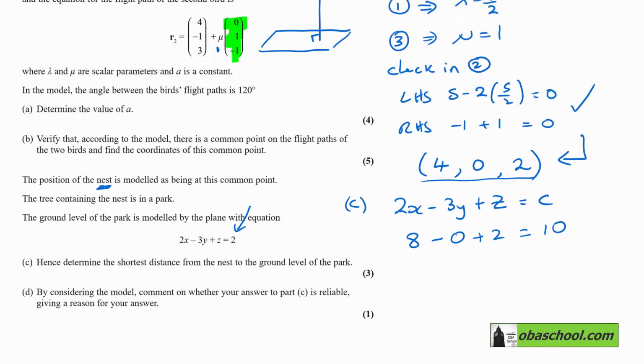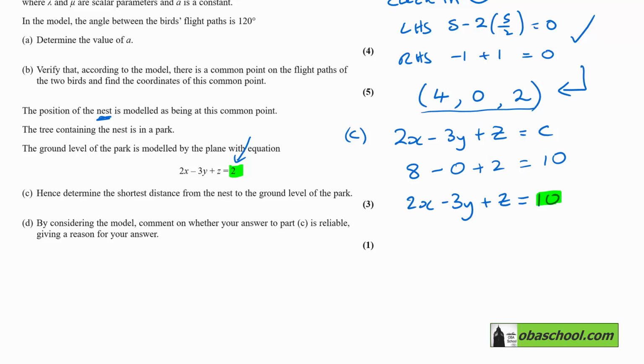So the plane parallel to the park, the ground, is going to be 2x minus 3y plus z is equal to 10. Now what we're utilising here is the fact that the constant here and here are related to the distance of the plane from the origin.